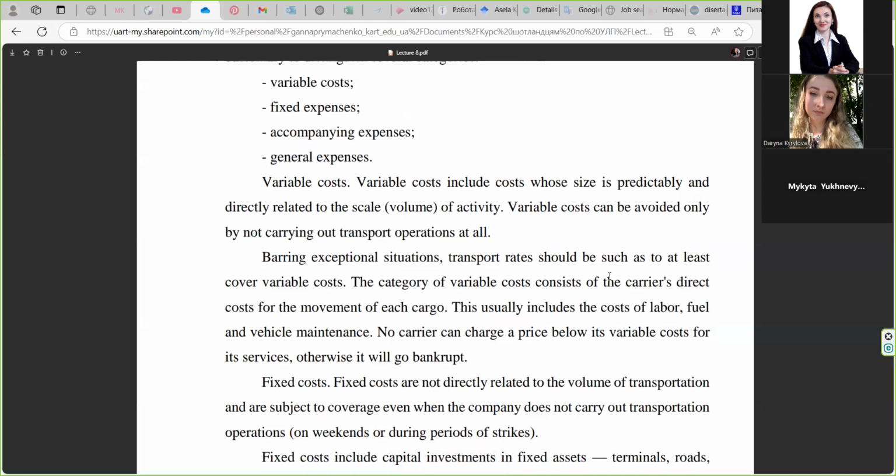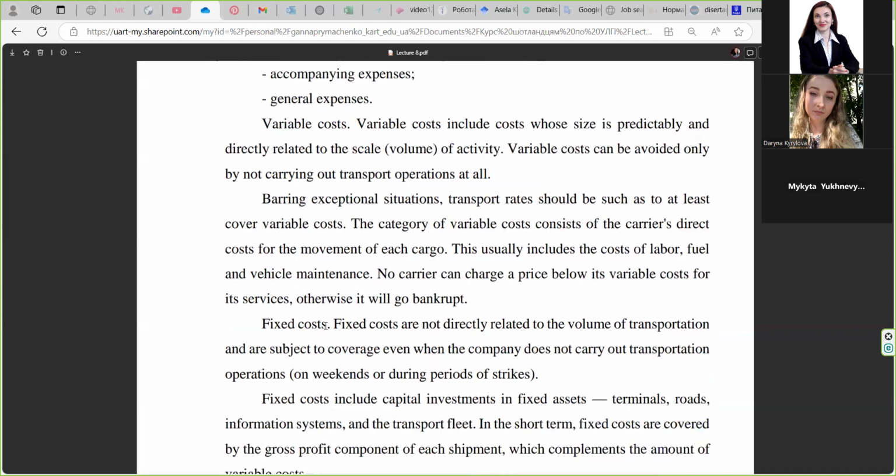Barring exceptional situations, transport rates should be such as to at least cover variable costs. The category of variable costs consists of the carrier's direct costs for the movement of each cargo. This usually includes the cost of labor, fuel, and vehicle maintenance. No carrier can charge a price below its variable costs for its services, otherwise it will go bankrupt.